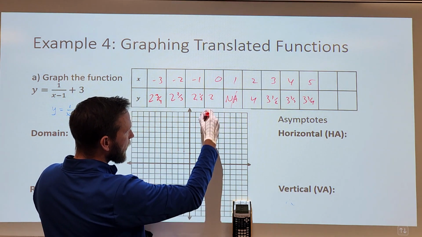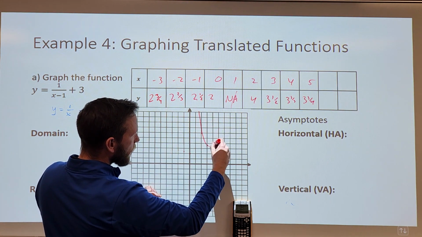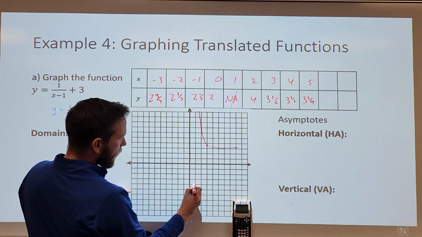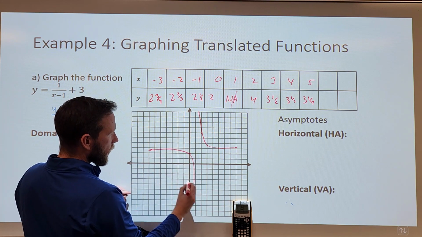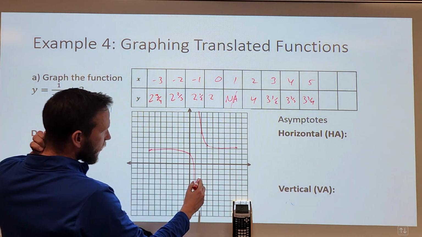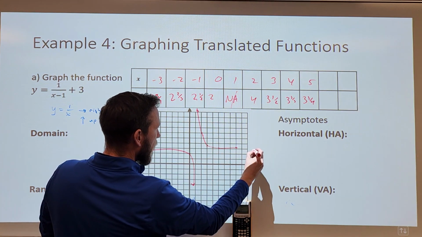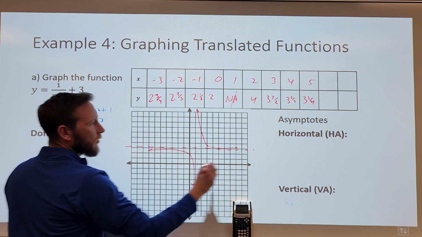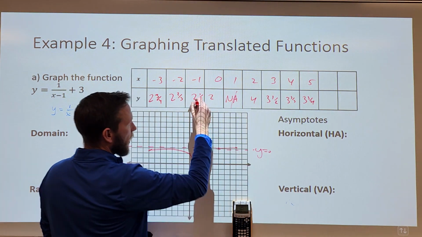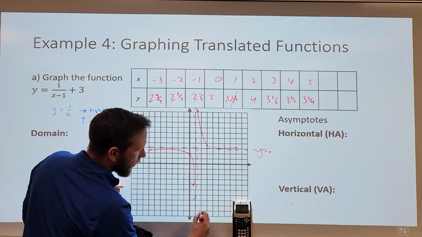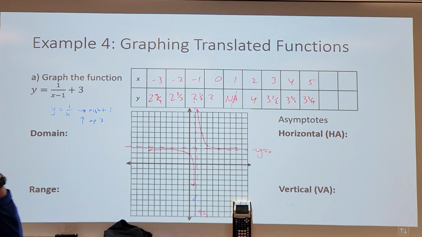And so what we can see is that this thing is going to come down like that. This thing is going to come up like so. And we can notice that there's this little gap here at the horizontal line, y = 0, and the vertical line, x = 1. We can see it in the picture.